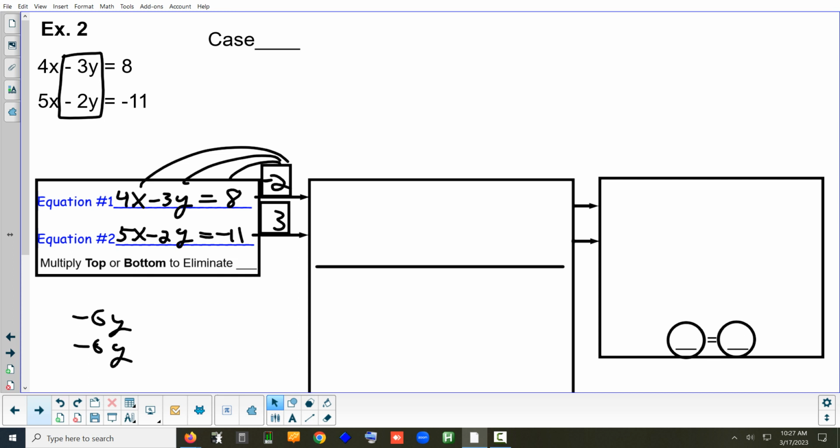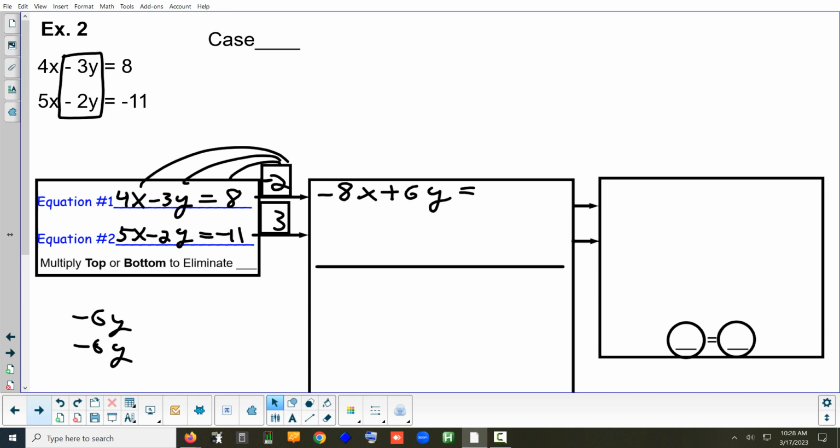Brady, what's 4x times negative 2? Negative 8x. How about negative 2 times negative 3y? Yep, 6y.